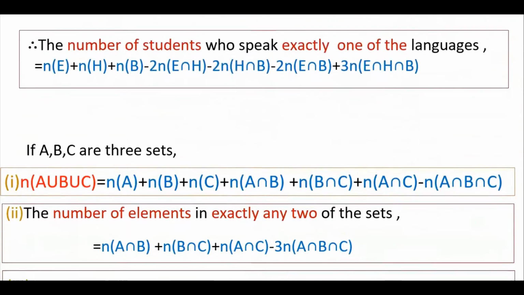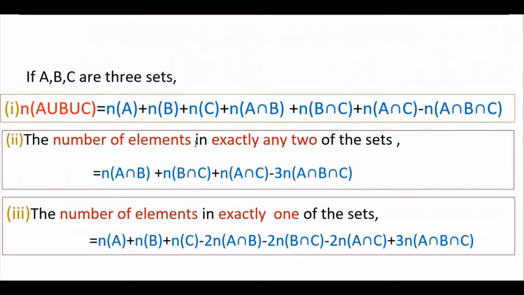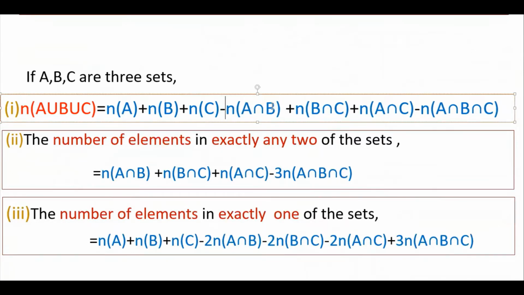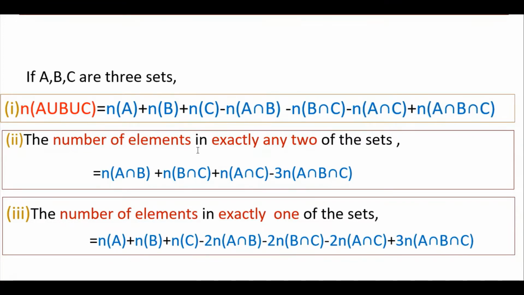And now, if you take any three sets A, B, C, so N of A union B union C, you can find by using this: N of A plus N of B plus N of C, minus N of A intersection B, minus N of A intersection C, minus this, and this is plus. I have to use this, and the number of elements in exactly any two of the sets.